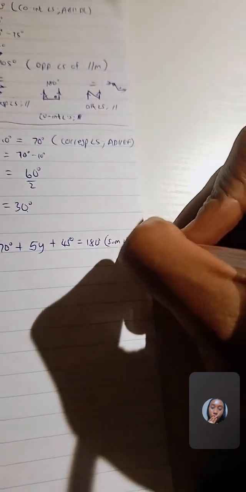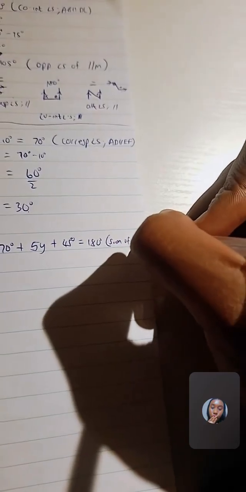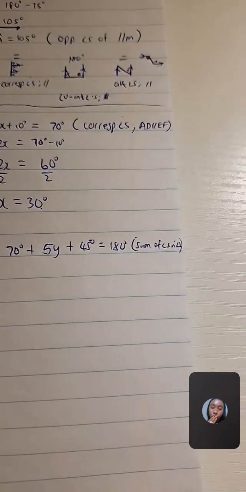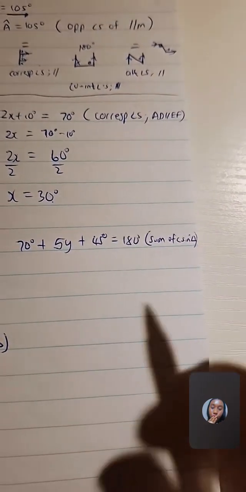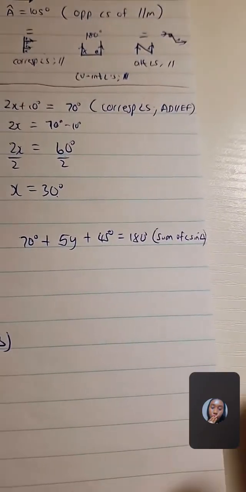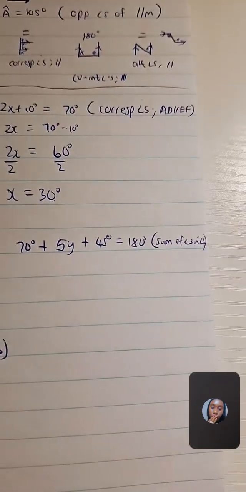Sum of angles in triangle, or you can say angle sum in triangle, or you can say interior angles of triangle.